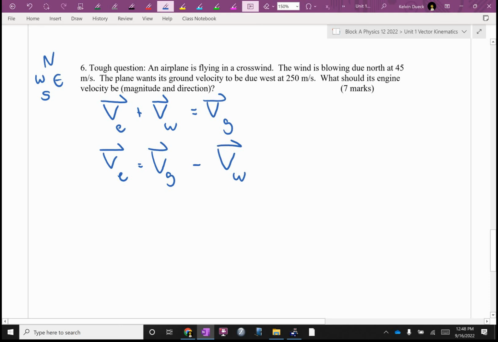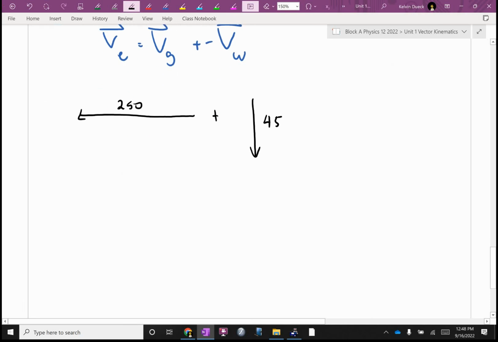How do I subtract vectors? I don't. What do I do instead? So, ground, due west at 250, plus wind was originally north at 45. I guess it's going to be negative wind, south at 45. These are the two vectors that I'm going to add together tip to tail.